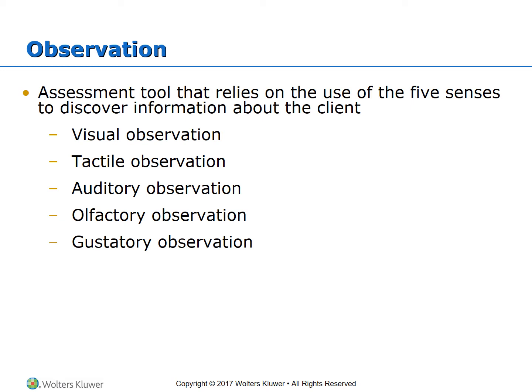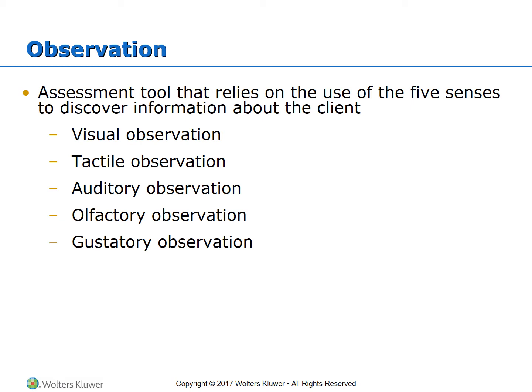Hearing allows you to listen actively to your client and their family members, but you may also use specialized equipment to listen for information, such as listening to the heart, lung, or bowel sounds with the stethoscope. So auditory may be using a specialized piece of equipment.